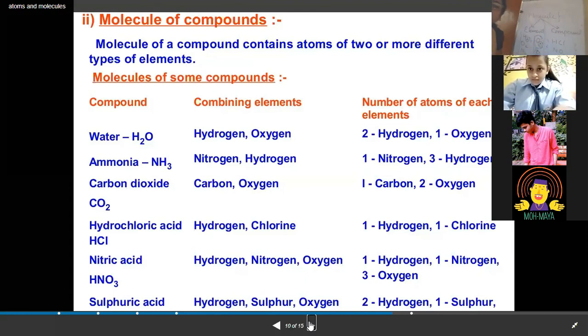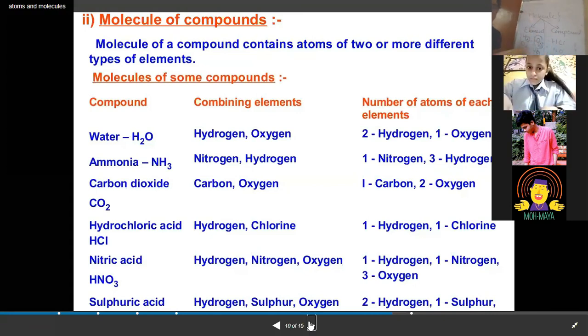The two elements involved in the formation of water are hydrogen and oxygen. How many atoms of hydrogen and oxygen combine to form one molecule of water? It is two atoms of hydrogen and one atom of oxygen.